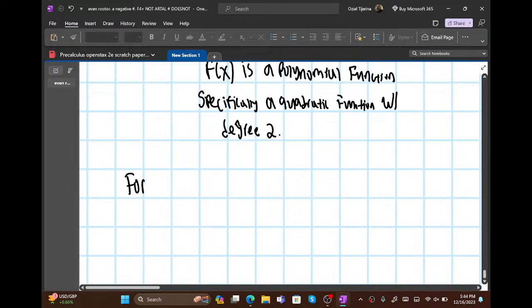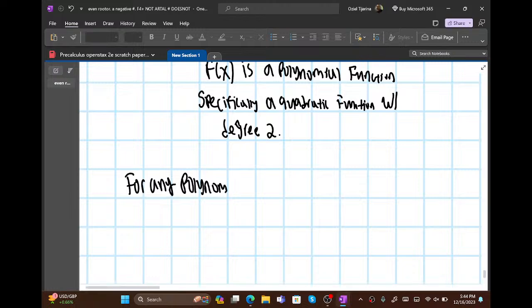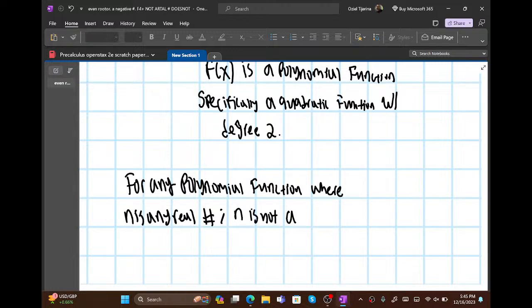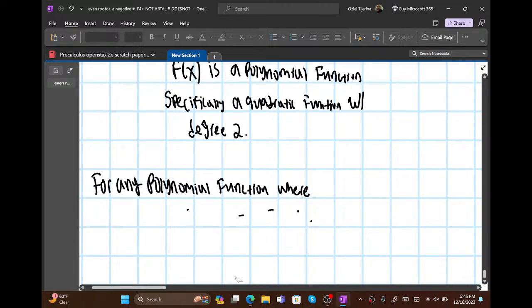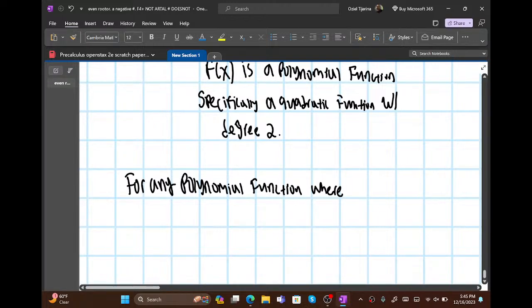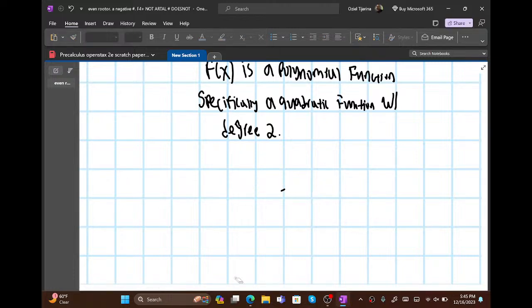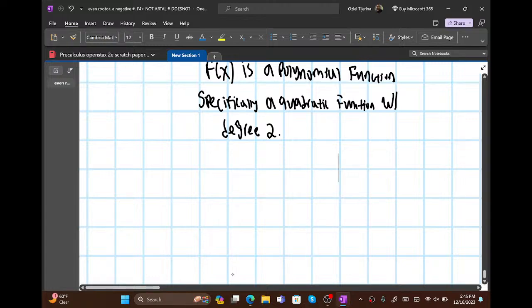So for any polynomial function, where n is any real number, such that n is not a fraction, meaning that if we don't have like x to the 1/3 or whatever, I just want to say, and actually maybe this is not the best definition, basically where we have ax to the n plus something something something, so like we know that for any polynomial function, the domain is all real numbers.